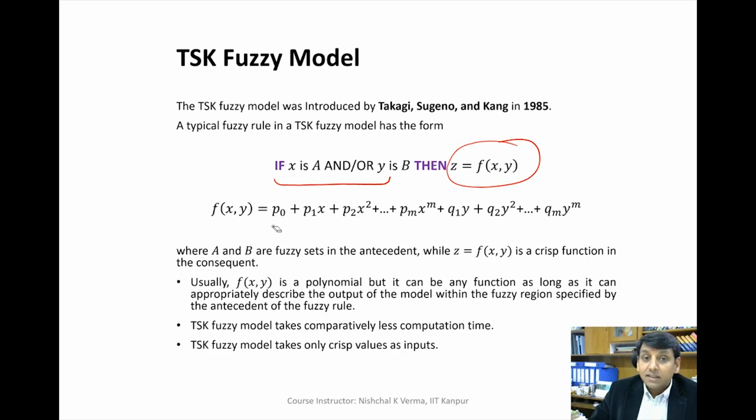Then we have second degree terms p2x squared, q2y squared, and so on. Here we have the m-th degree terms. So in general we are writing f(x, y) as an m-degree polynomial.